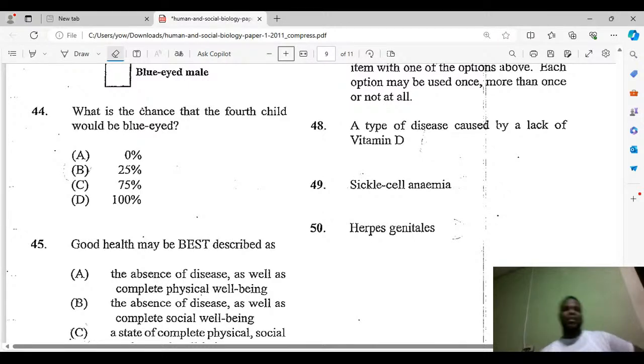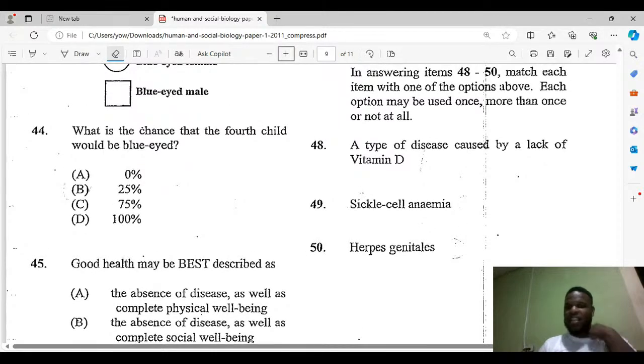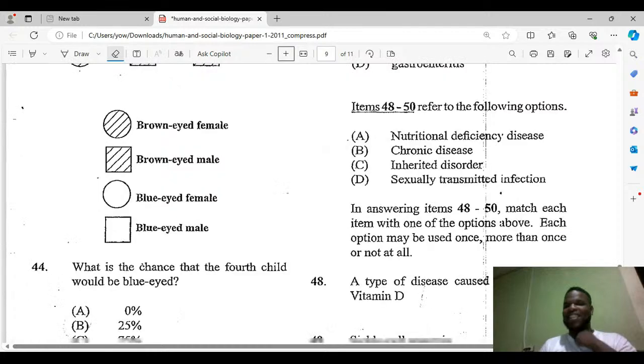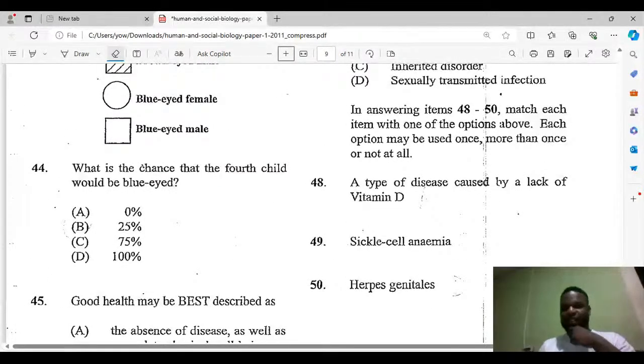That's pretty simple. An STD would be D. So 50 would be D. Brilliant. Let's move on.